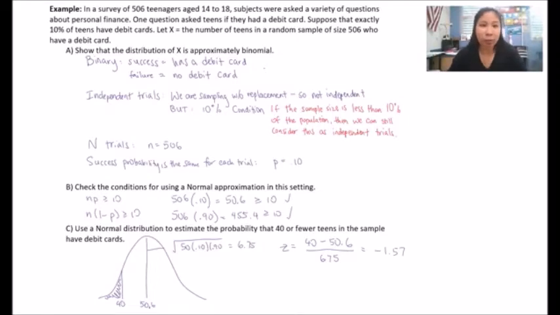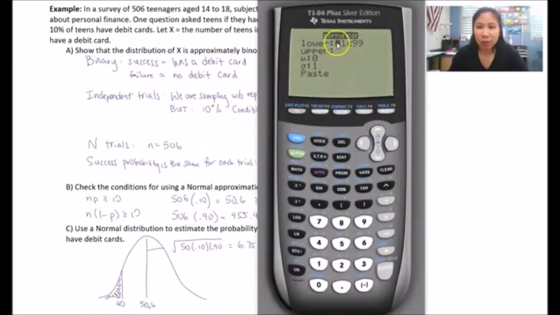Using my normal CDF, I'm shading from the lower bound of negative 100,000 or so, and then my upper bound would be 40, with a mean of 50.6 and a standard deviation of 6.75.